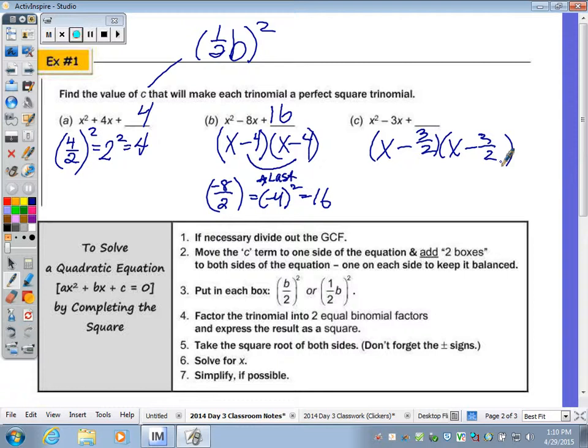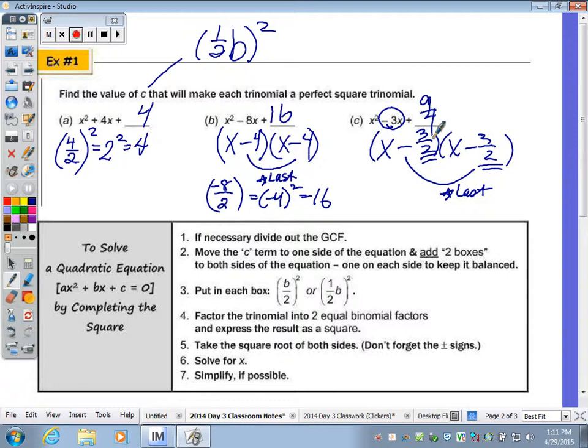If you have a number in the b spot of the trinomial that's not divisible by 2, these two numbers are going to be something over 2. So then negative 3 halves times negative 3 halves, if you multiply your last two terms, you get 9 fourths. Again, I'd rather see the improper fraction than the decimal. You could also take half of b squared, and that would work as well.